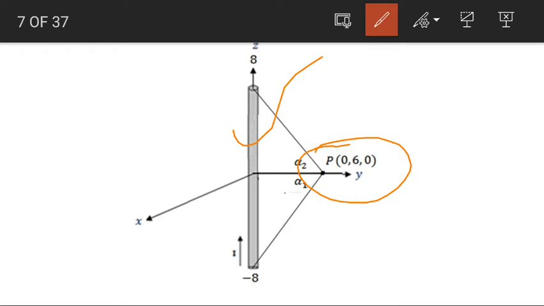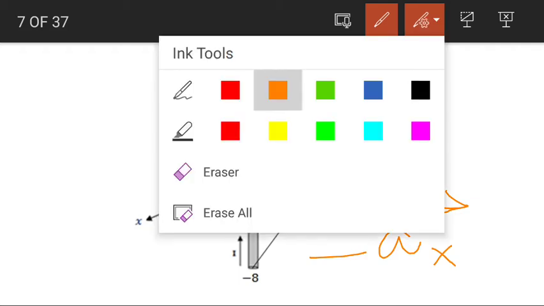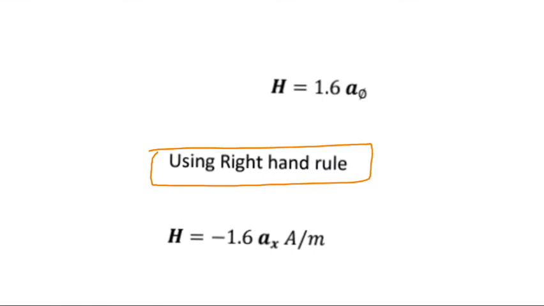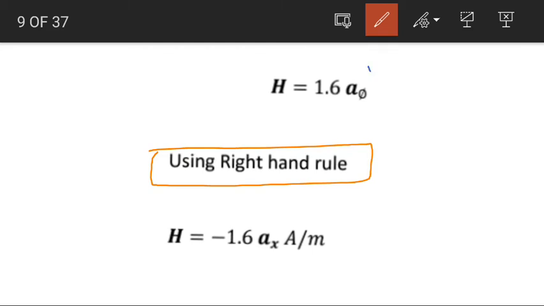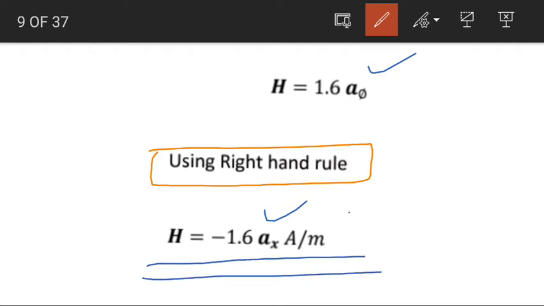If you apply the right hand rule at the point under observation, then the magnetic field intensity will be in the direction of the unit vector minus ax. So we replace a phi by minus ax, and the magnetic field intensity at the point under observation will be equal to minus 1.6 ax ampere per meter.